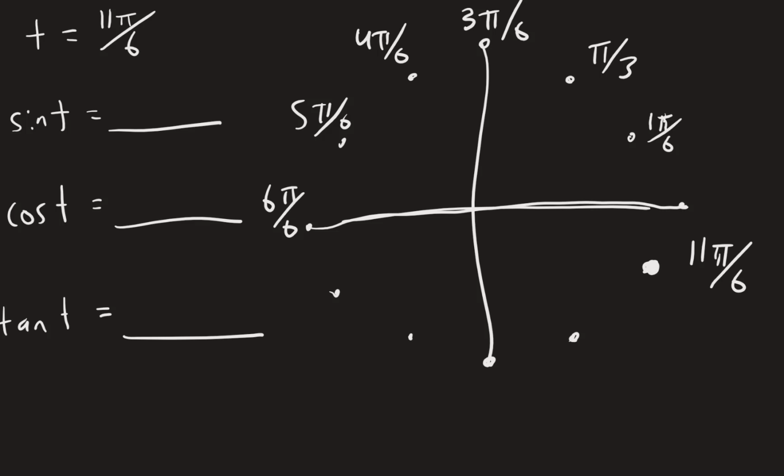And now that I've located it, it's much easier for me to visualize. It's got the big x direction to the right. So 1's the biggest, but the next biggest, so here's where 1 would be. The next biggest is square root of 3 over 2, and since it's going to the right, it's positive.